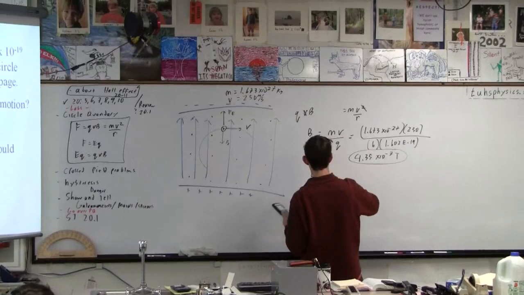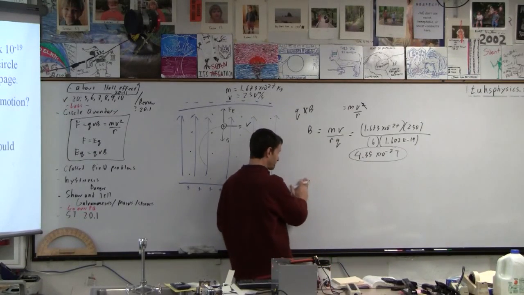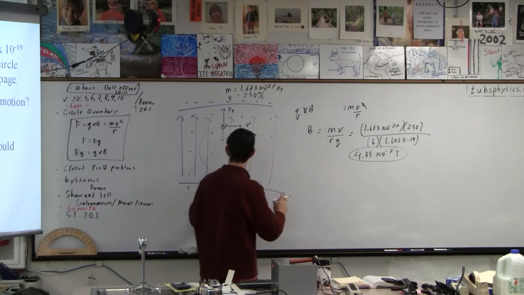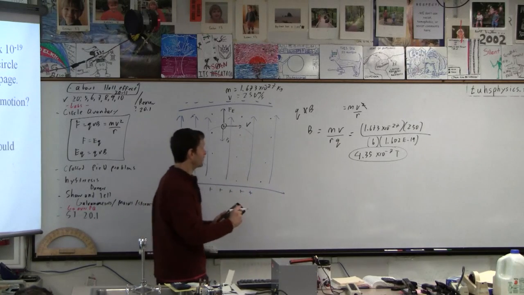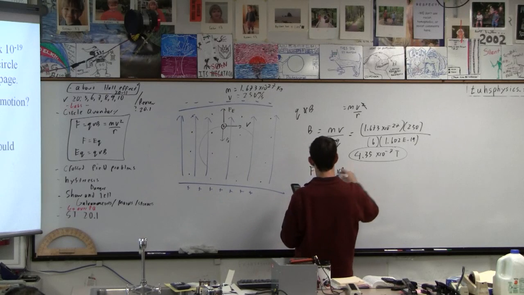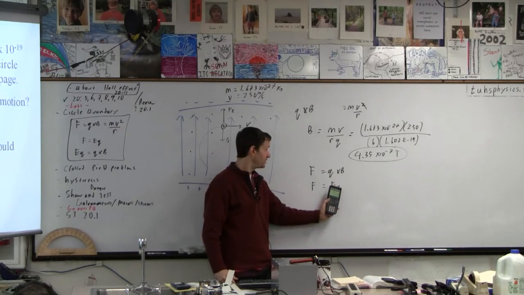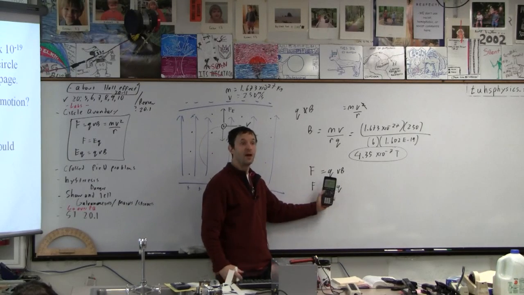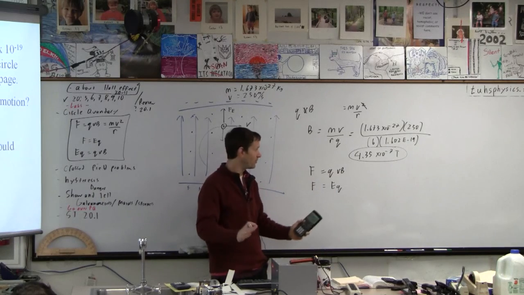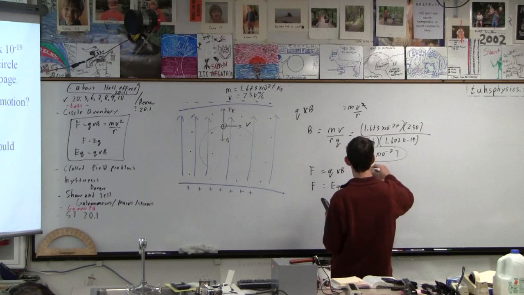To set the magnetic force equal to the electric force, we say magnetic force is QVB, and the electric force is E times Q. Obviously, if they're going to be equal, we just set them equal. So QVB equals EQ.